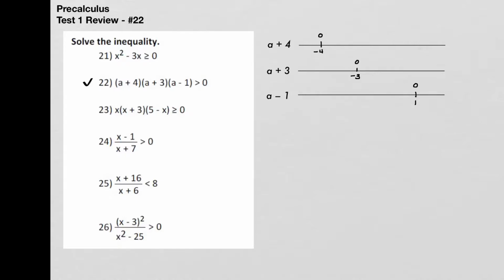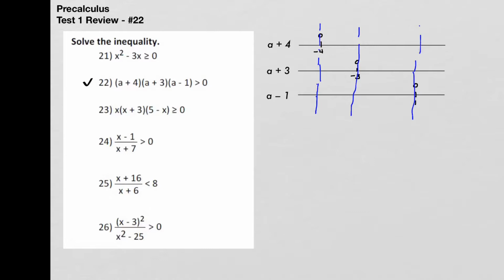It's not really necessary. And now what I'm going to do is make a dashed vertical line. It's really kind of like an asymptote. So I made that through all three of those lines, and now what I can do is decide, is the expression positive or negative for each of the intervals.